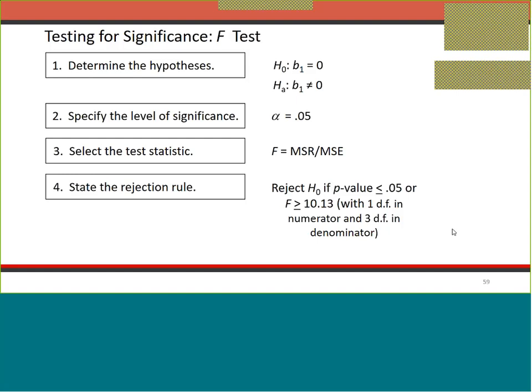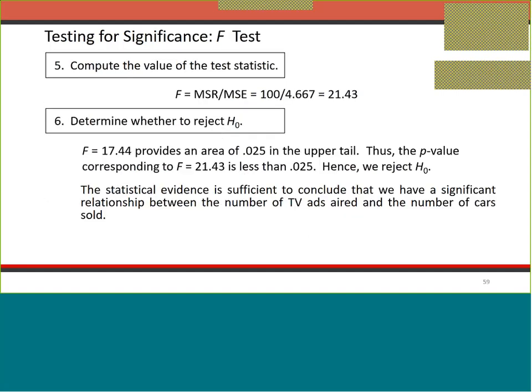How do you calculate table value? Alpha is 0.05. The numerator degrees of freedom is 1 and denominator degrees of freedom is 3, because number of sample observations minus 2. 2 because B0 and B1 are unknowns. So after calculating capital F, it came out to be 21.43. So either you can use a p-value approach or you can use a critical value approach to accept H naught or reject H naught.